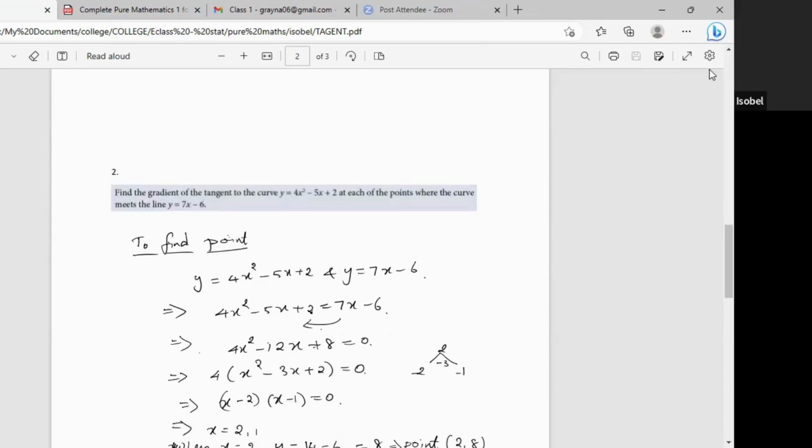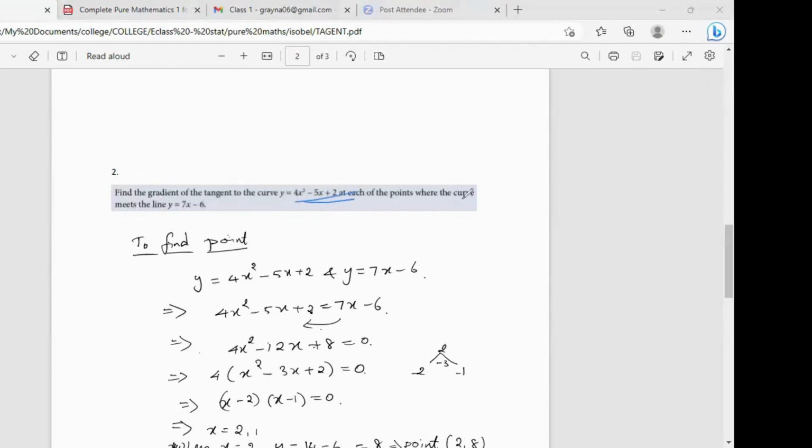So I need one point. Am I right? What is that one point? If you know the curve, you find dy by dx, and then you find dy by dx at x1 comma y1.